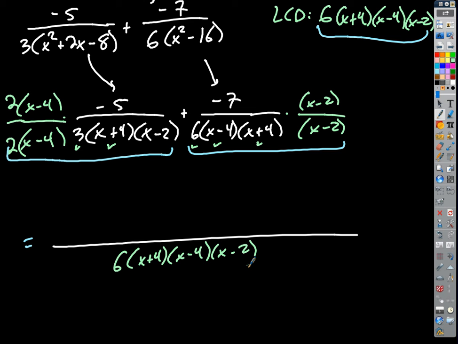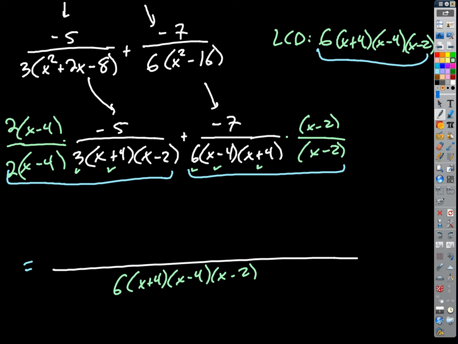So the top, we just got to figure out what we get on top. So if I multiply out all this stuff, multiply by -5. What do I get? I'm gonna get a -10 distributed through, what's that give me? -10x plus 40. Good, okay.